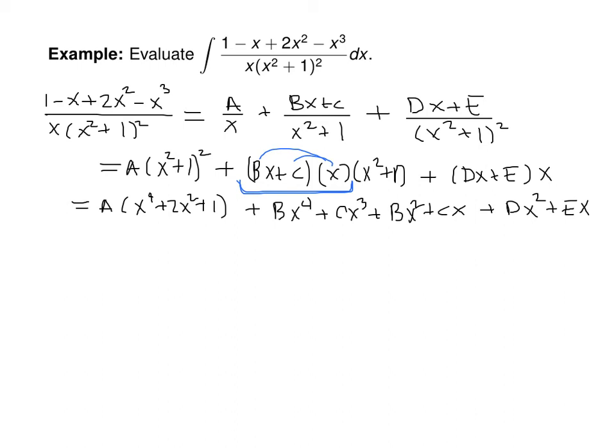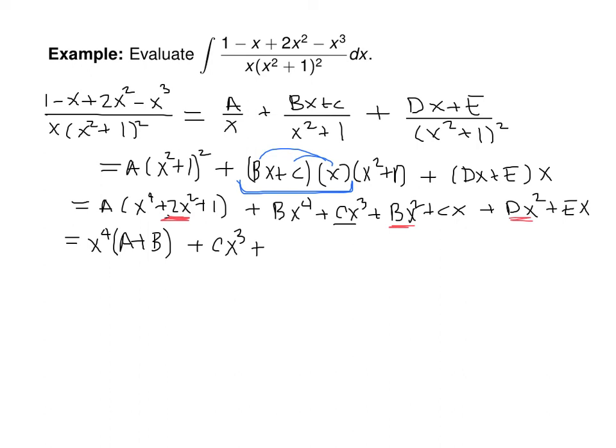And now grouping terms, so the biggest power we have is the 4th. So you have x to the 4th times a plus b. Next, look for third powers, and the only one is this cx cubed. Next, search for second powers, and we have the 2ax squared, this one, and then this one.